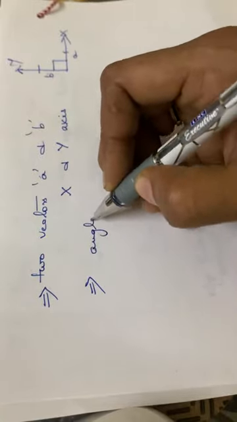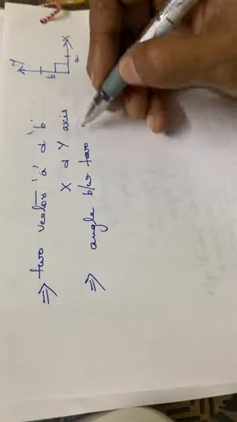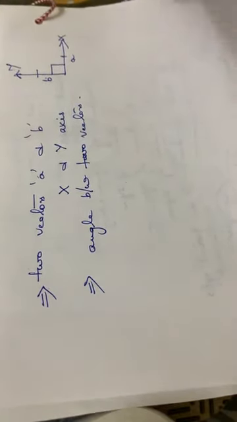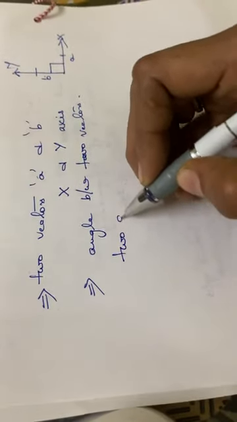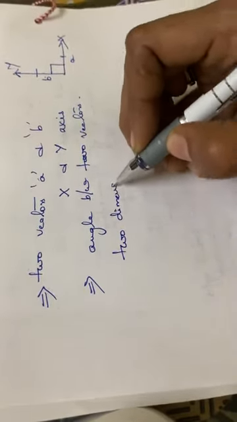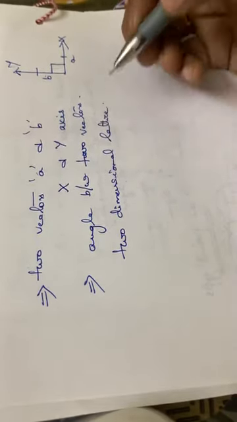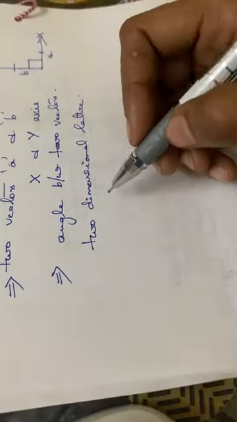An angle will be there between the 2 vectors. So that is called a two-dimensional lattice.